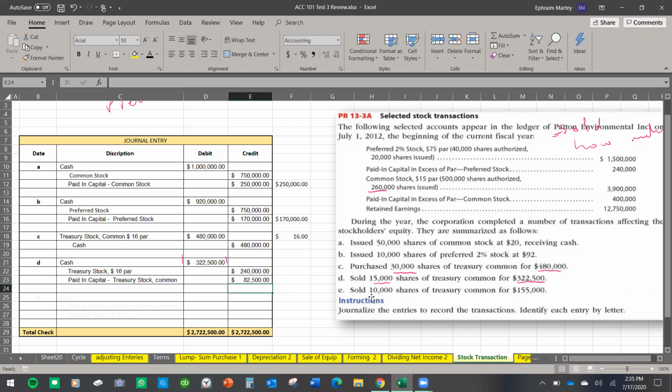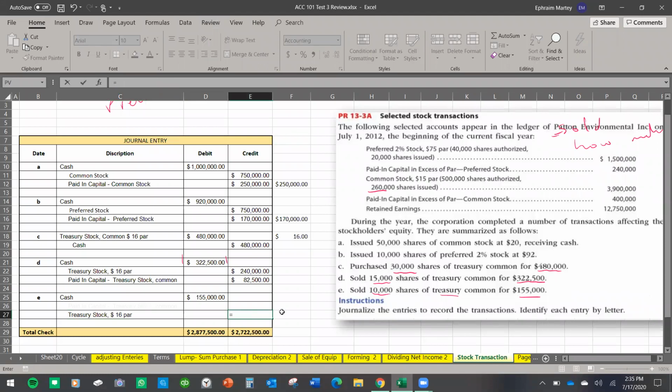Now let's move on to E. You sold that treasury stock for 155,000. Let's see how we can do that. We know cash is the same, it's not going to change, 155,000. And for your treasury stock, how much is it worth? We know this is worth $16 per share.